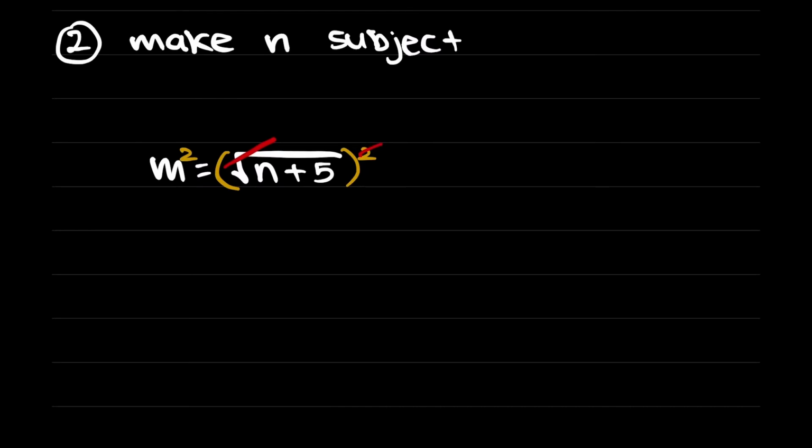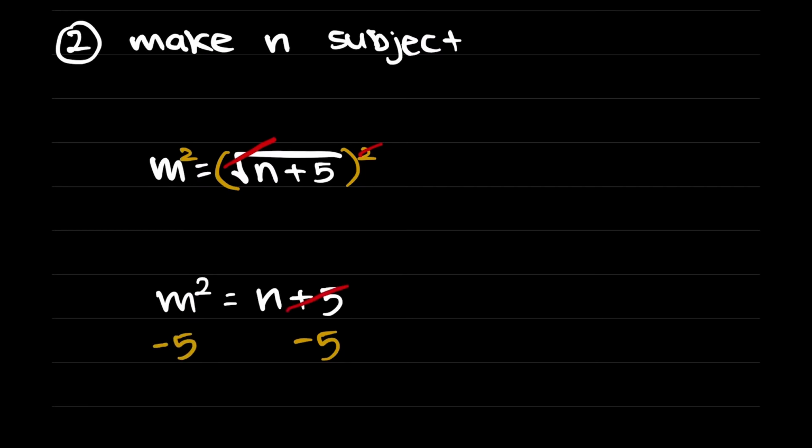On the left hand side, that gives us m squared. On the right hand side, since the square has cancelled out the square root, we have n plus 5. And to isolate the n now, all we have to do is subtract 5 from both sides. And what subtracting 5 does is that it cancels out the plus 5 over here.